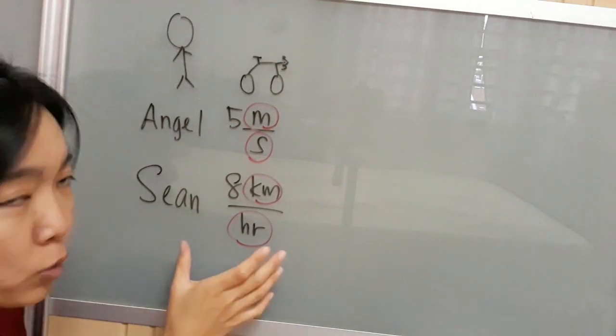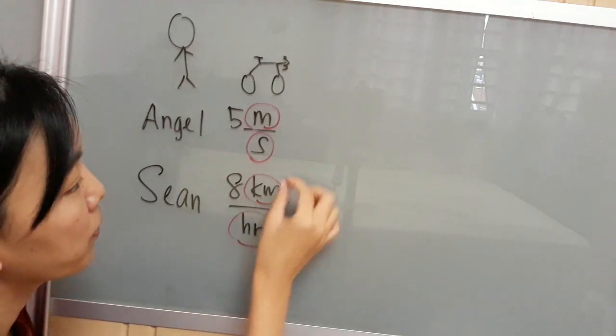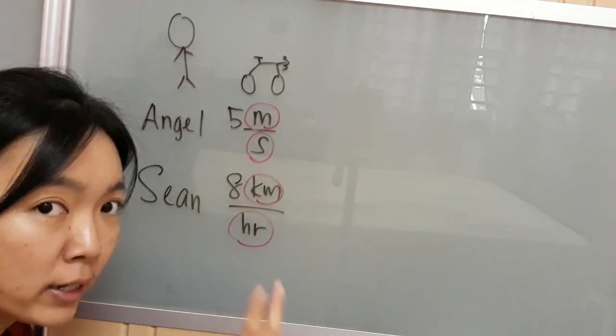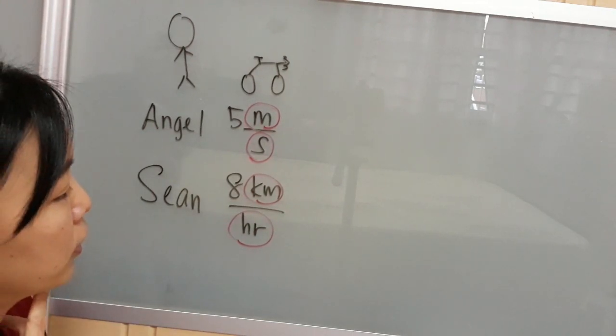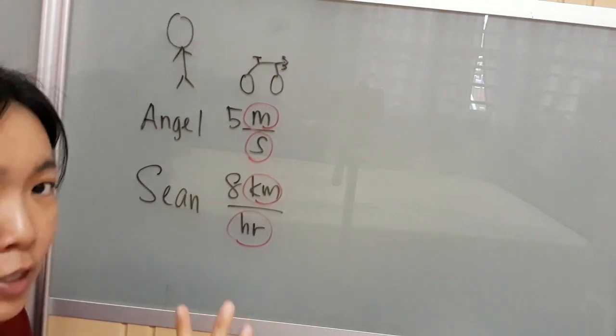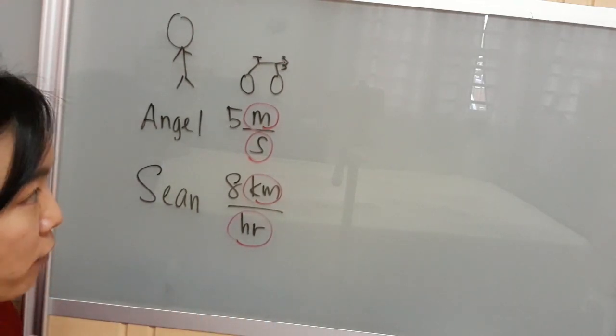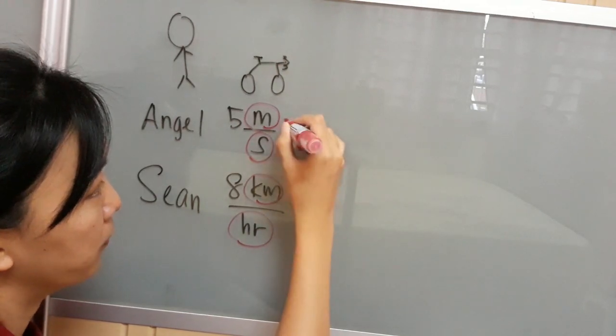To actually compare them, I have to make sure that the units are the same, then only I can compare. So what should I do? Should I convert this to this or this to this? It is actually up to you. But first, we have to know the relationship between km and meter.